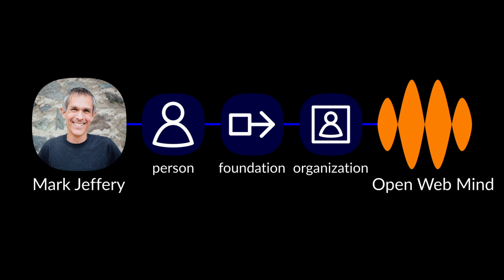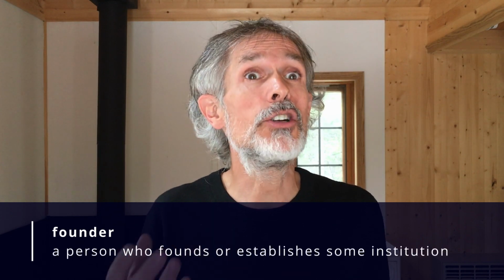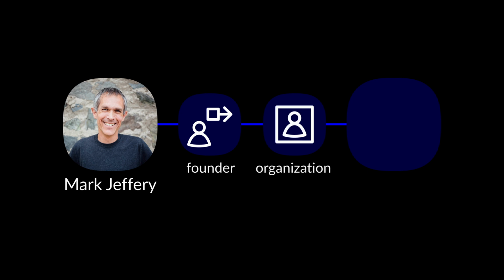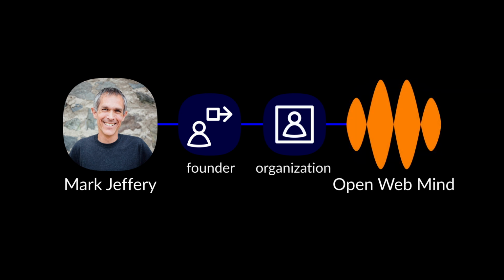This hyperedge works, but it involves more nodes than necessary. The concept of a founder, which according to WordNet is a person who founds or establishes some institution, allows us to combine the concept of a person and the concept of foundation. 4 nodes are enough to fully communicate the relationship: me, founder, organization, OpenWebMind.